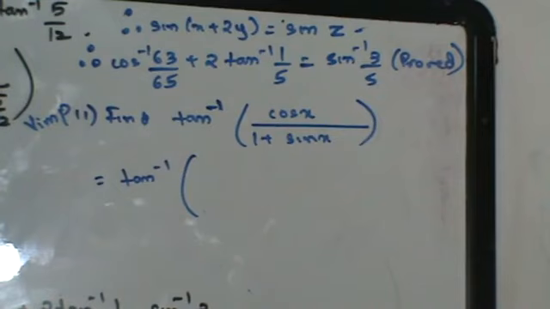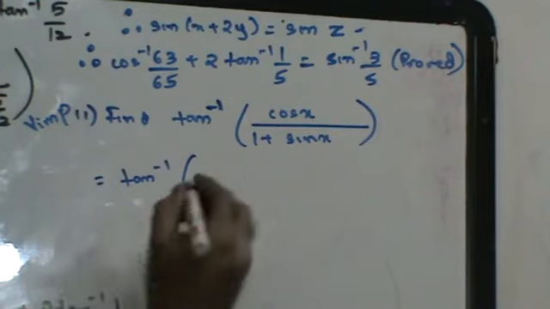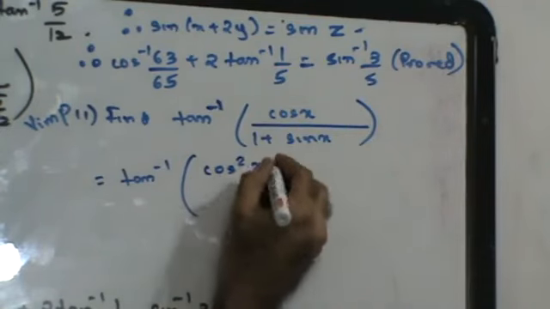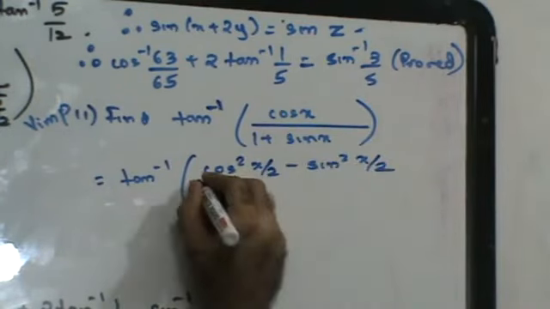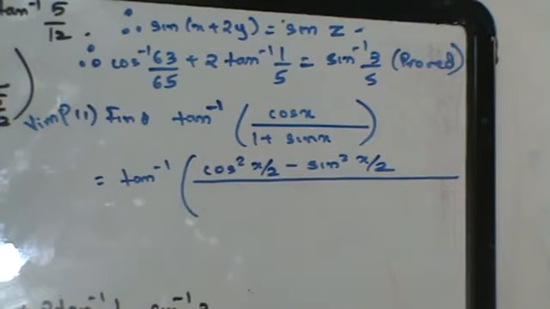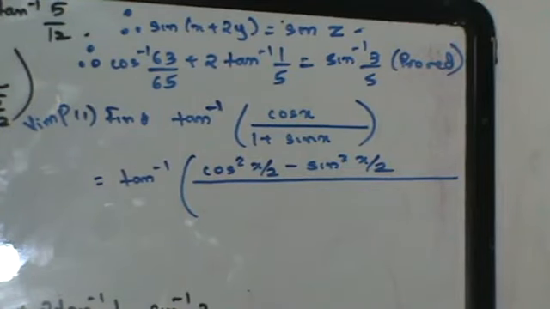submultiple here. Cos x can be written as cos square x by 2 minus sin square x by 2. Cos theta is cos square theta by 2 minus sin square theta by 2. Submultiple. You need to know your trigo formulas very well, right?